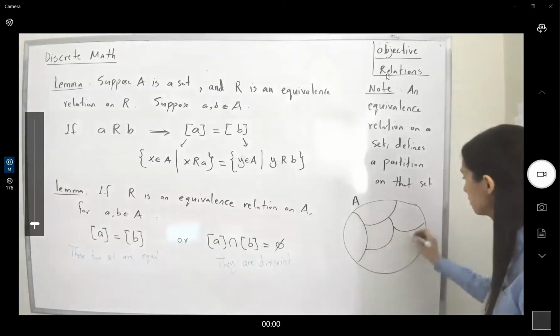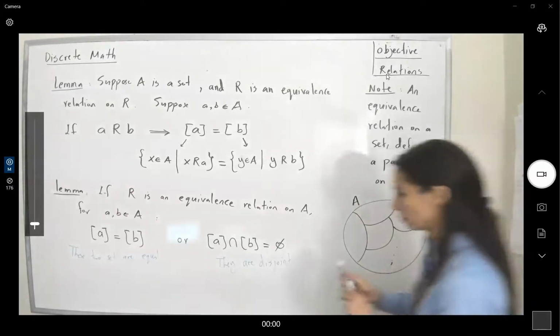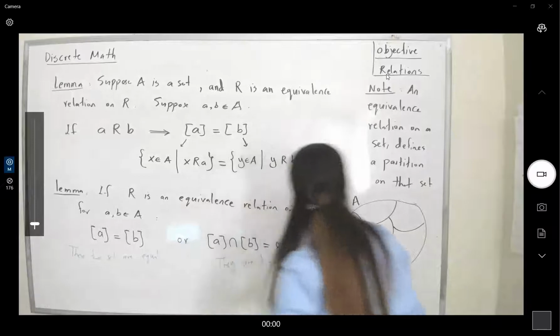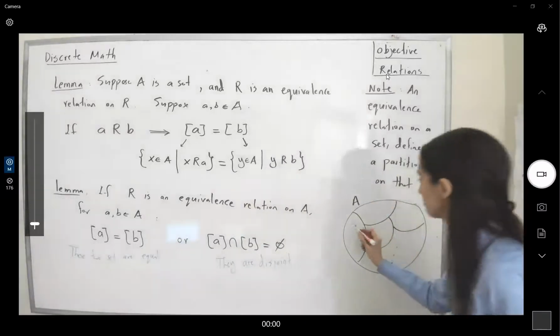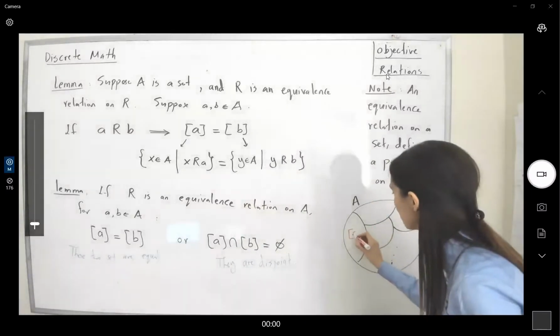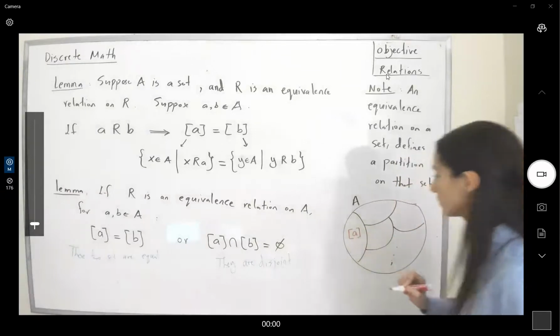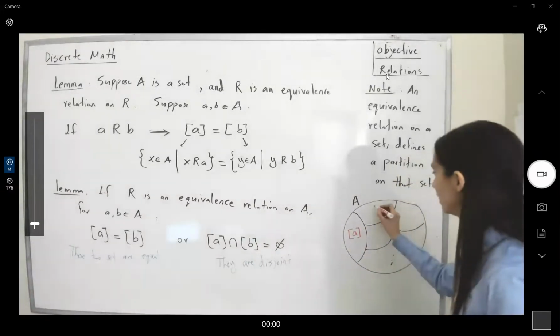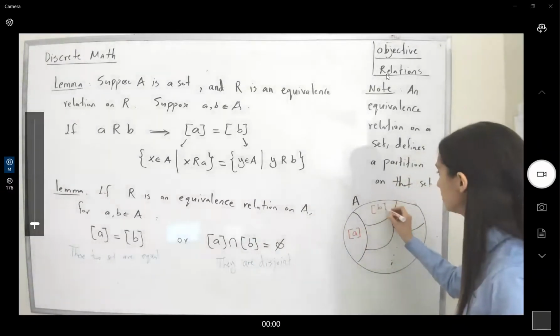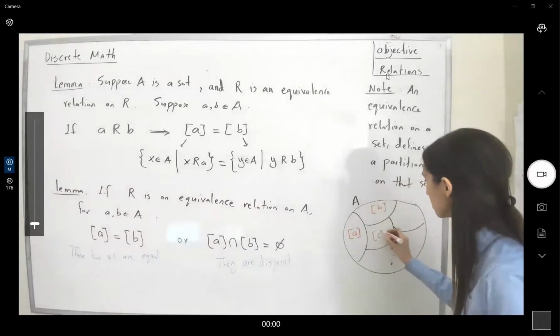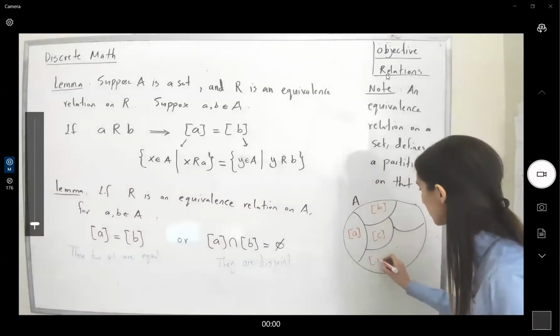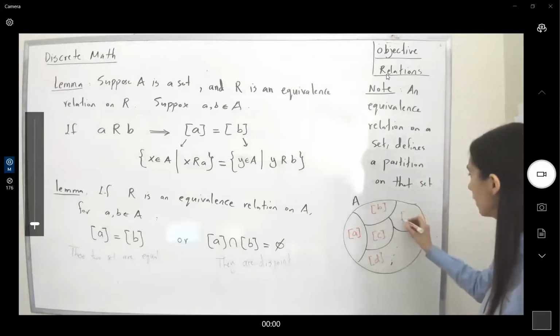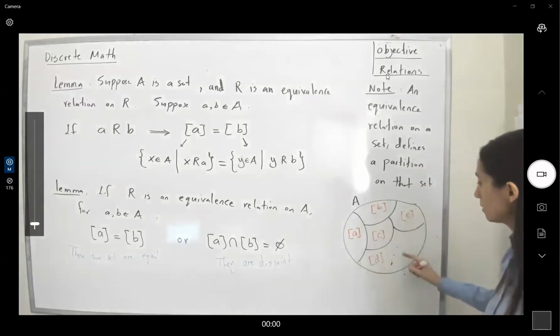These partitions include the equivalence class of a, equivalence class of b, equivalence class of c, equivalence class of d, equivalence class of e, and the rest of them.